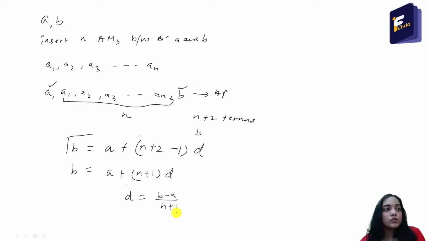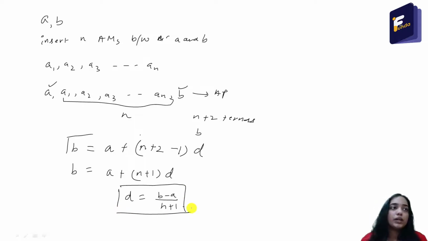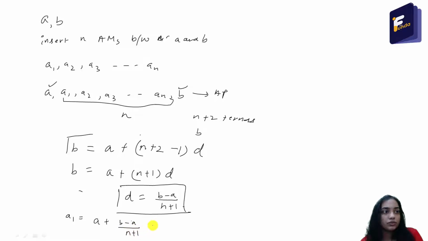So now we have calculated the common difference. What are the numbers A1, A2, A3? A1 equals A plus 1 time D, that is A plus B minus A by n plus 1.